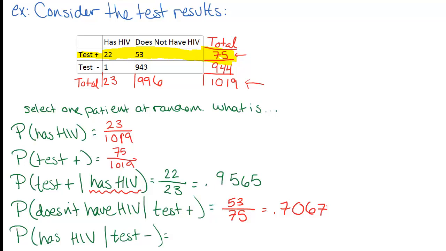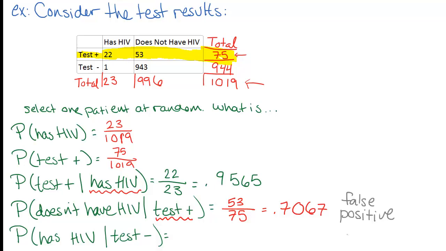Now take a second to think about this. What this says is that if we know that the person got a positive test result, meaning they took the HIV test, it came out positive, the probability that they do not have HIV is 70%. So 70% of the time when you test positive for HIV, at least according to these numbers, you actually don't have it. This is called a false positive test result.